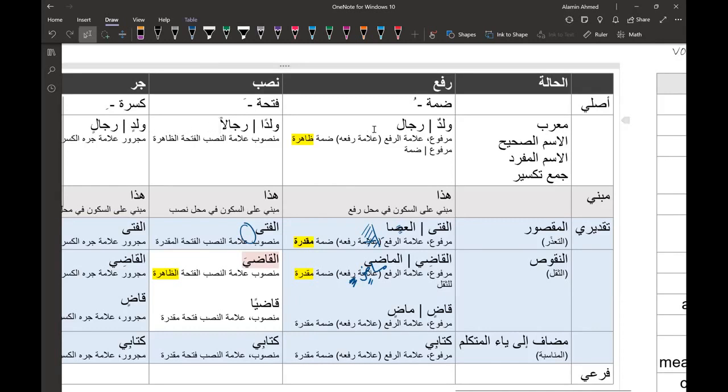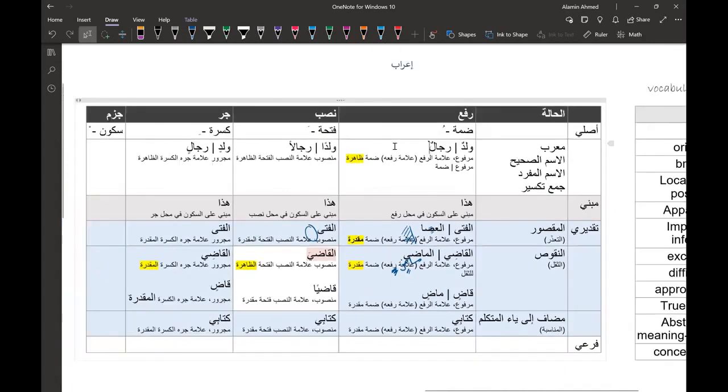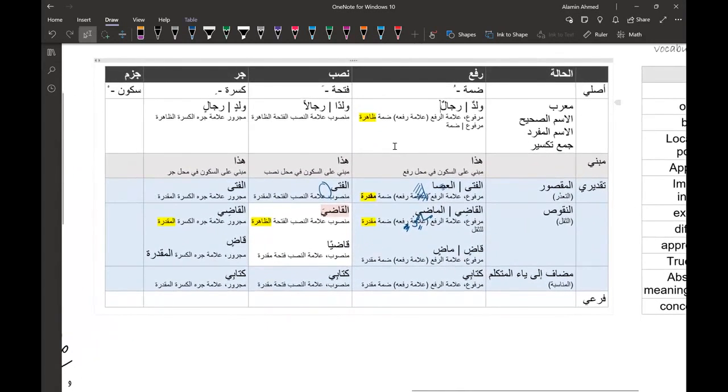Okay. So that's it. I was initially thinking maybe I'd make new lines, but there's no point. You know the asl. This way you know which type of words follows the asl, your standard ismun sahih, which could be mufrad or it can be taksir. Clear?